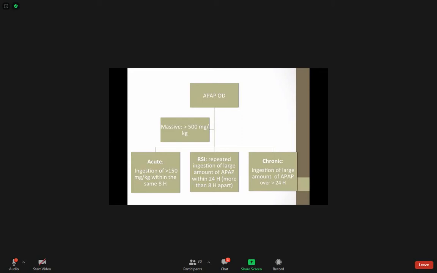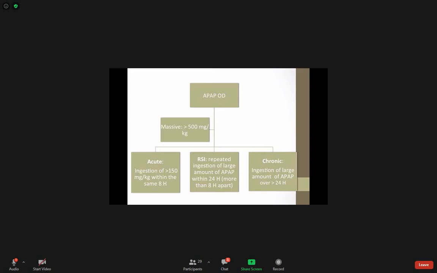Usually patients can take it as an acute overdose, like they take it all at once, within the same 8 hours. That's acute. If they take therapeutic doses every now and then, that's repeated supratherapeutic ingestion. I'm sorry, I don't mean small amount, I mean they take supratherapeutic doses, but at different times.